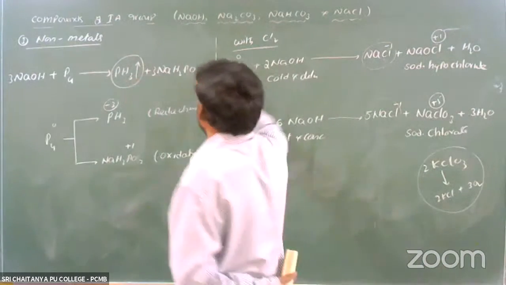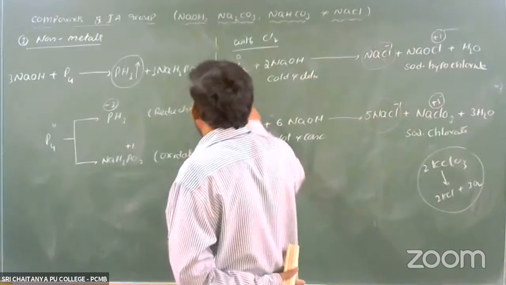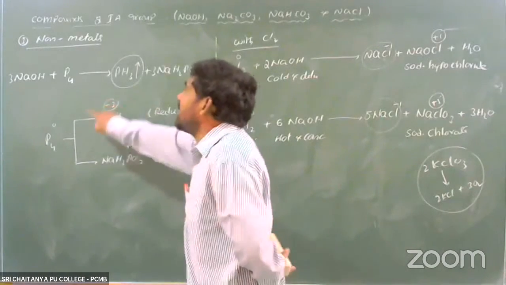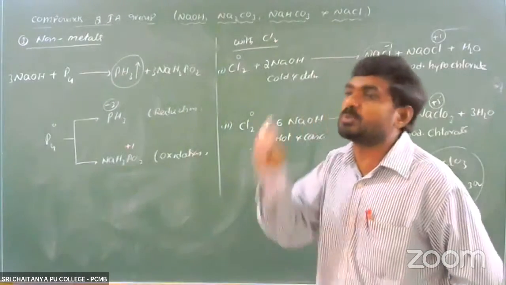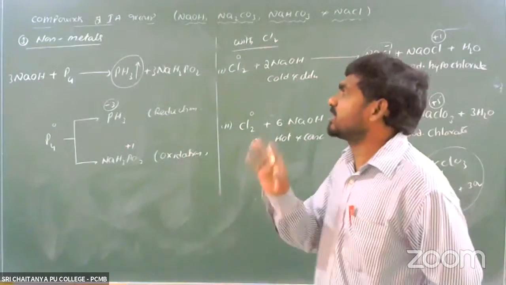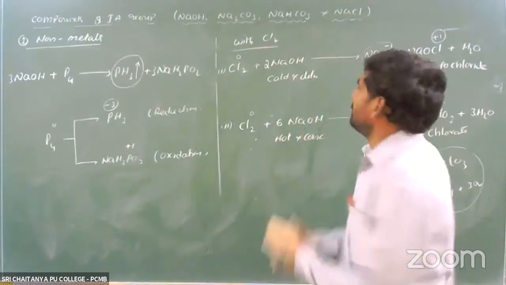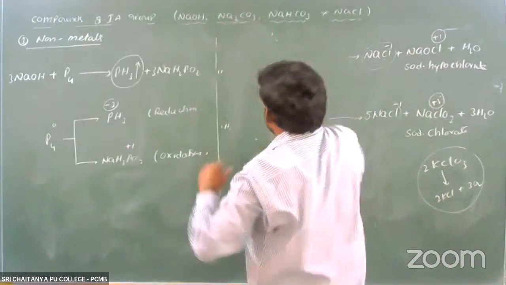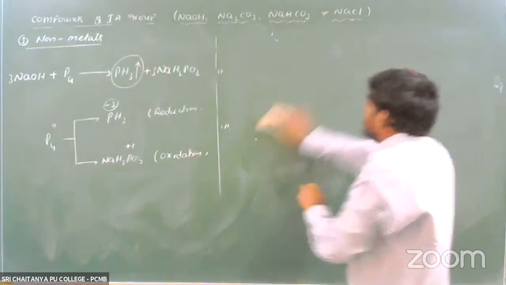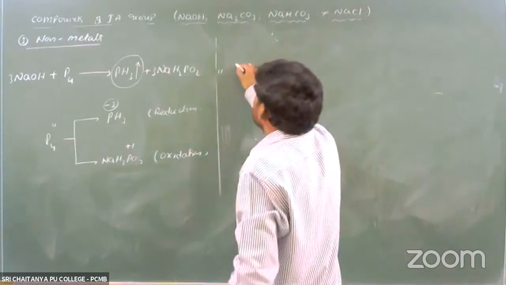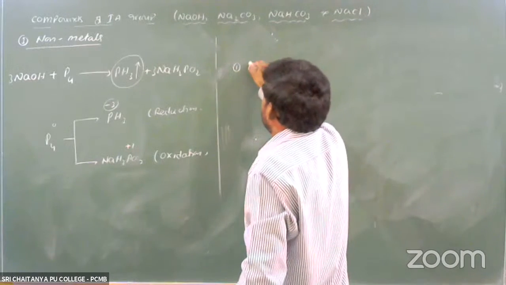Next one, chlorine or bromine or iodine or phosphorus reacts with sodium hydroxide is an example for disproportionation reaction, but not fluorine. So among the following, which reaction with sodium hydroxide is not a disproportionation reaction?